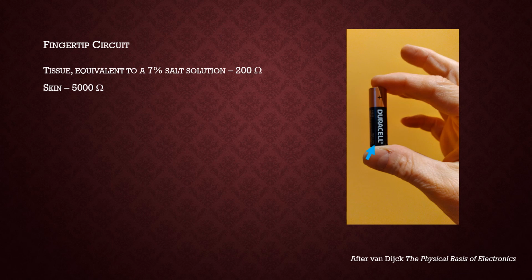It's dead tissue. The epidermis has a 5,000 ohm resistance. So if I were to calculate the resistance of that fingertip circuit, I would take 5,000 ohms, add 200, add another 5,000 for the skin between the thumb and the anode of the battery, get a total of 10 kiloohms, 10.2 kiloohms.